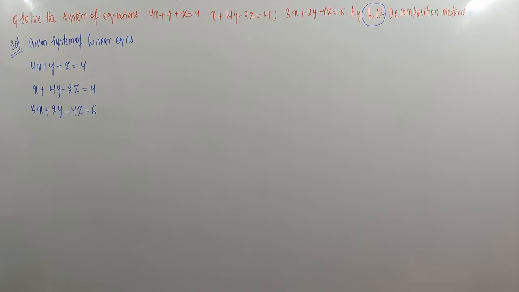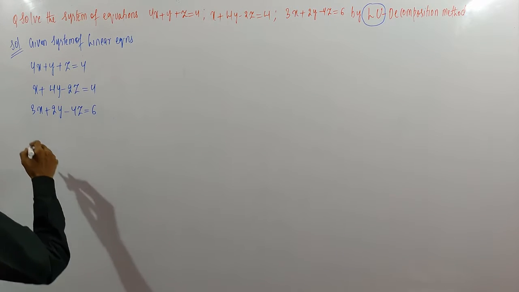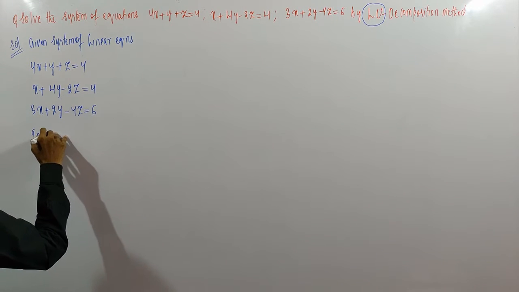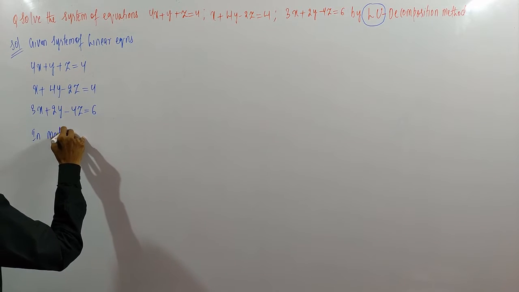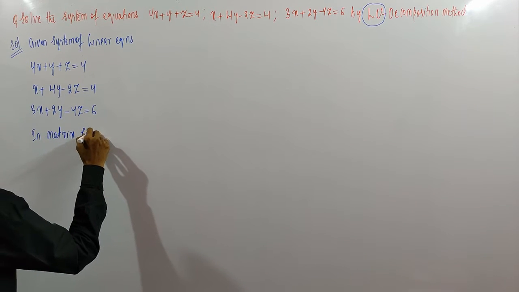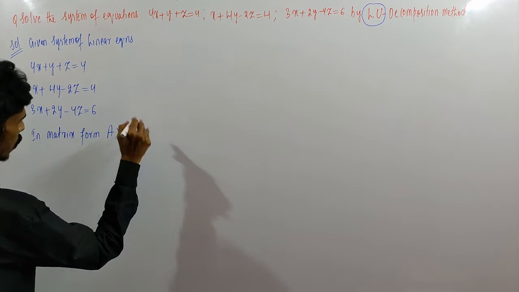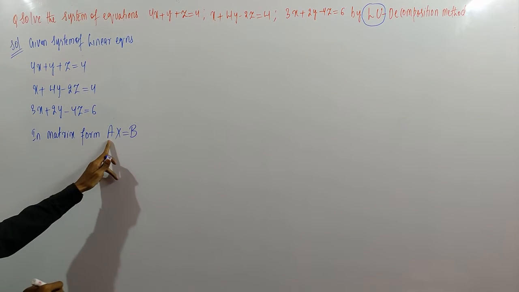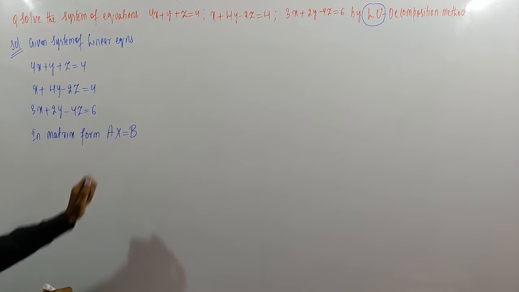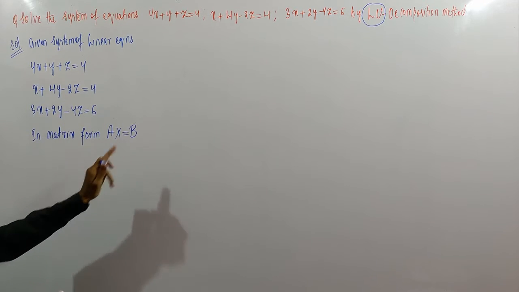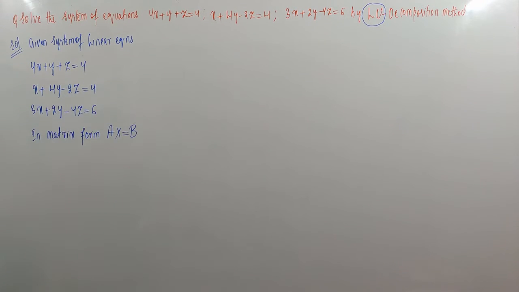Let us convert these equations into matrix form. In matrix form, we have AX is equal to B. A is the coefficient matrix, X is the variable matrix, and B is the matrix of values on the right-hand side.